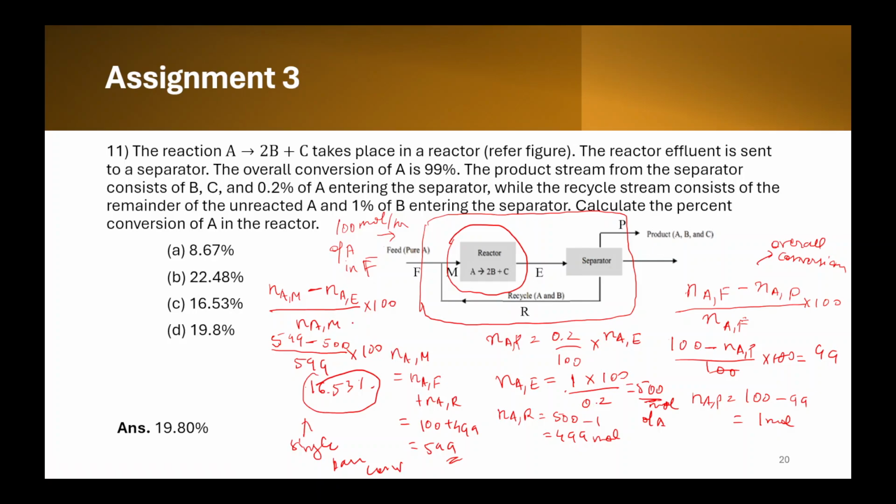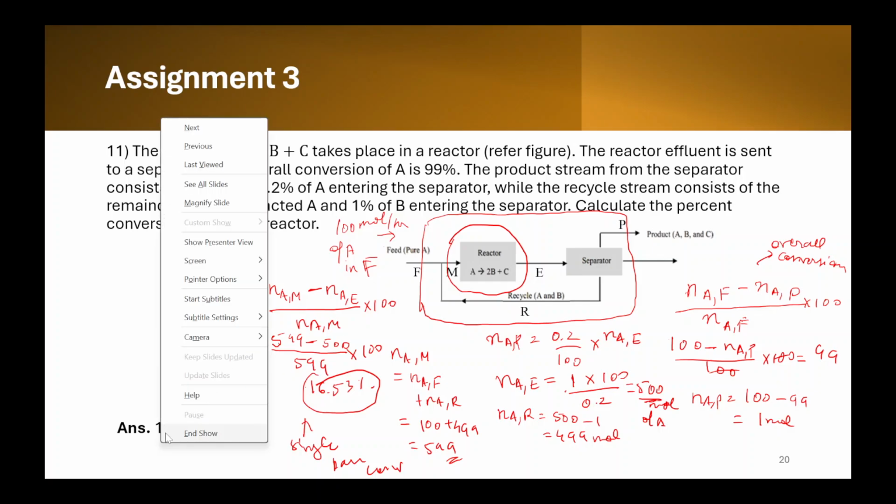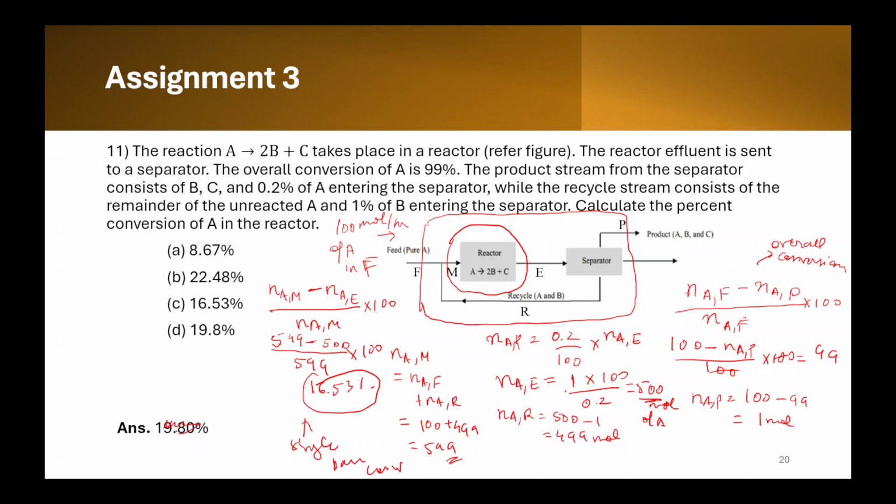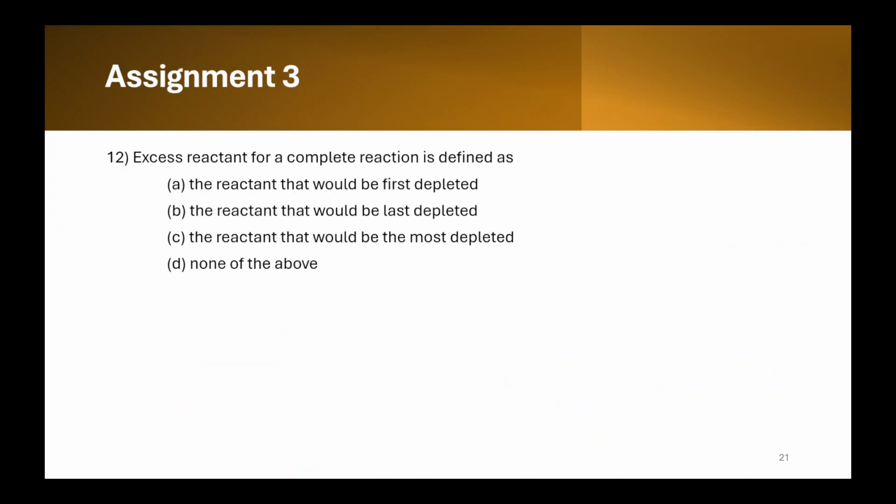The correct answer here is 16.53. This 19.8 comes in if you put in 500 as here, which will be the incorrect answer. 99 by 500, that will be the incorrect answer. All right, so the correct answer is 16.53%.